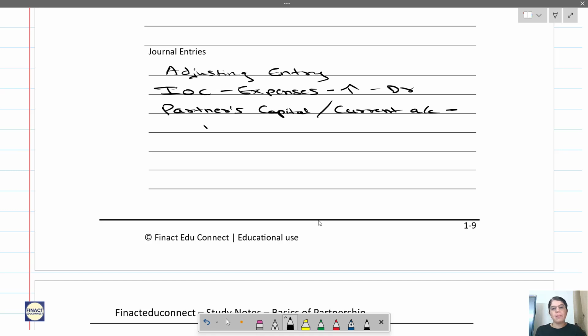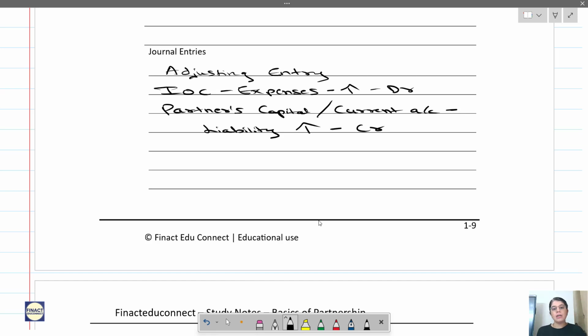So it is a liability, an internal liability from the firm's point of view. Whenever we are paying interest, we have to give it to the partners, so the firm owes this interest to the partners. The firm's liability towards the partner is increasing, so we have to credit.